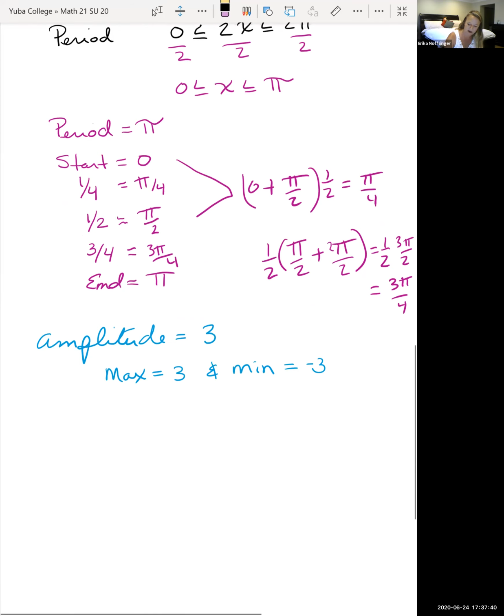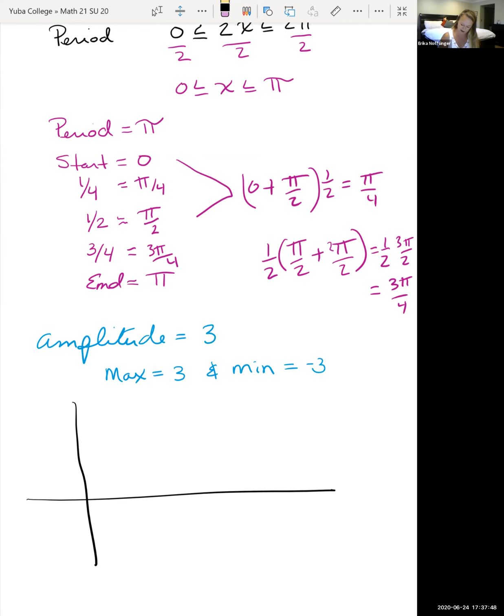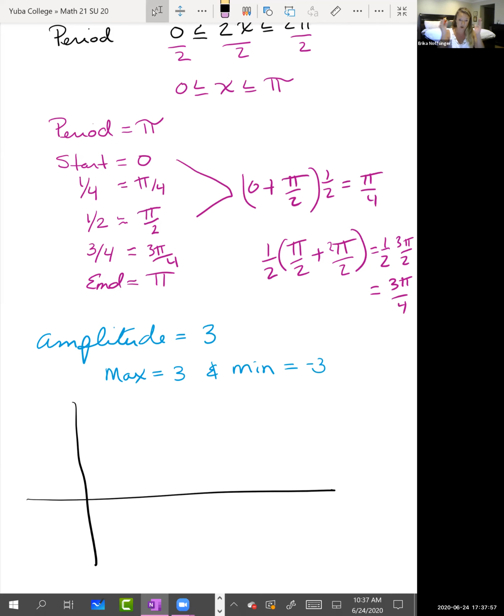And so I would plot my important points for one period. It really doesn't matter how wide you make your units. I tend to make them the same just because it's easier to graph. But basically this is going to be squished further than the normal sine function, so it's going to repeat faster, where the last one was taking a slower time to complete a period, that 4 pi.